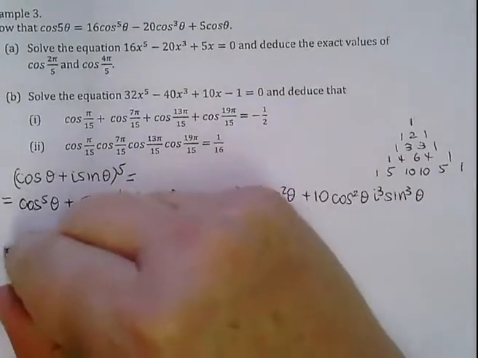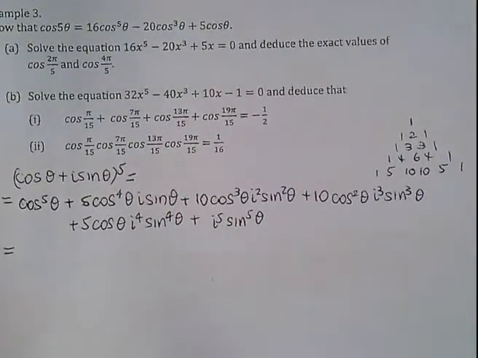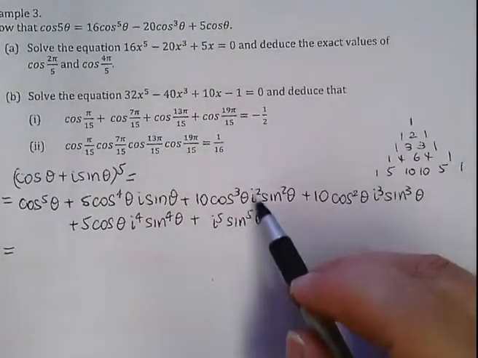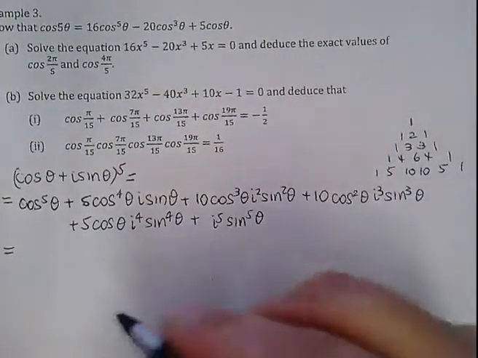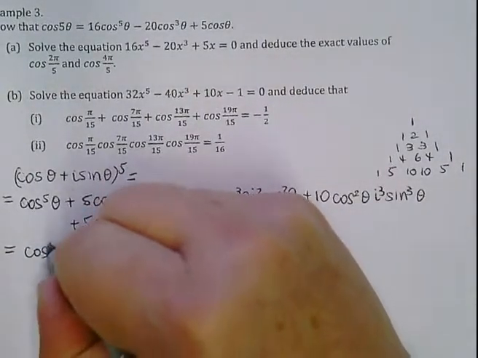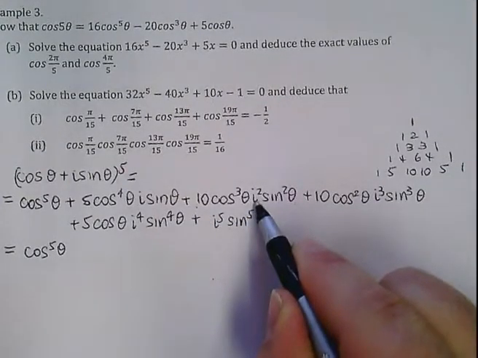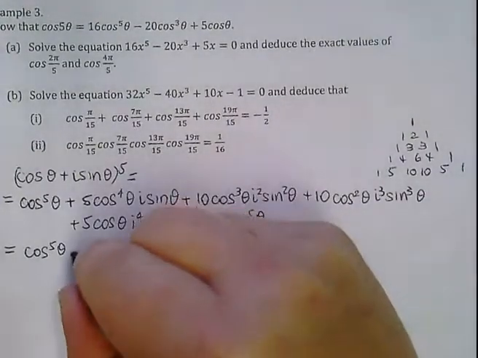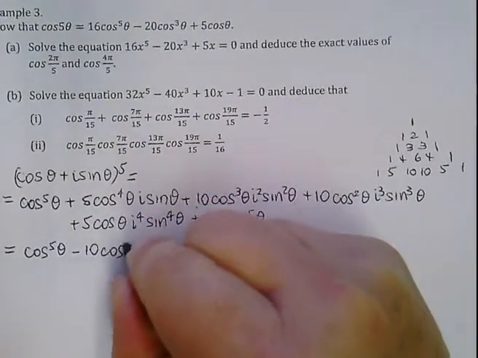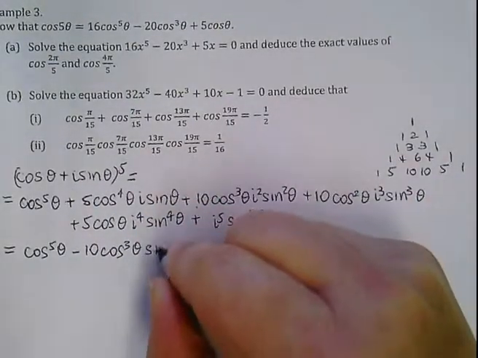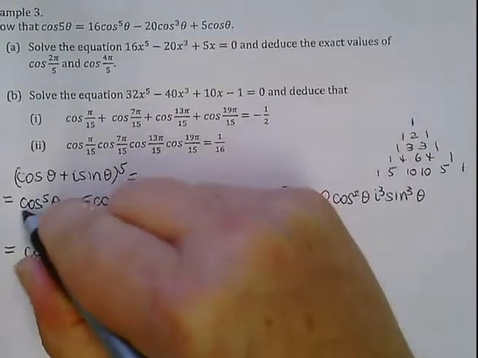Now let's just simplify that, and we can put real parts together and imaginary parts together. So cos to the power of 5 theta. I'm going to do this one next because it's real. So i squared is -1, so we would have minus 10 cos cubed theta sine squared theta. So we've done that.